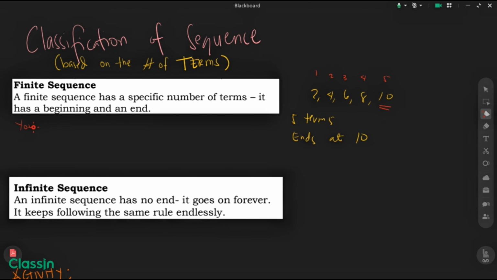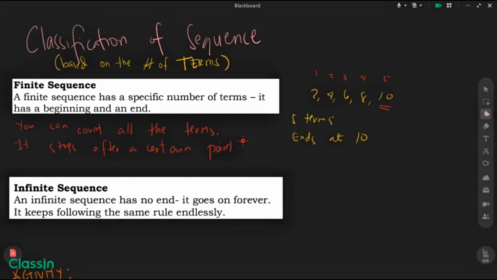So for the finite sequence, we can count all the terms, and it stops after a certain point. So again, in this example, we have 2, 4, 6, 8, 10, and it has 5 terms.